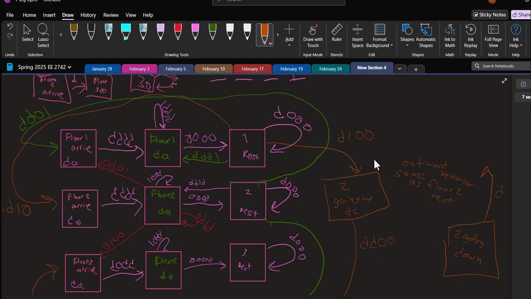If you press the floor 1 button and you're in floor 1 with the door open, we said you should stay there. So this would be 0 for hold door, don't care, 1.